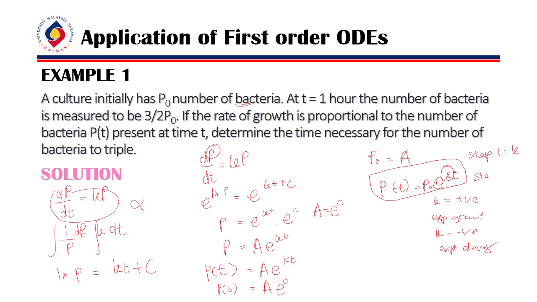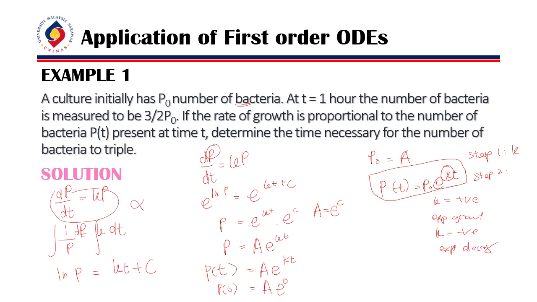So for the second step, you are given the information to solve the question. So let's say after you find k, you have to solve the question. Let's say you are given t equal to 5 years later, and you determine the population.